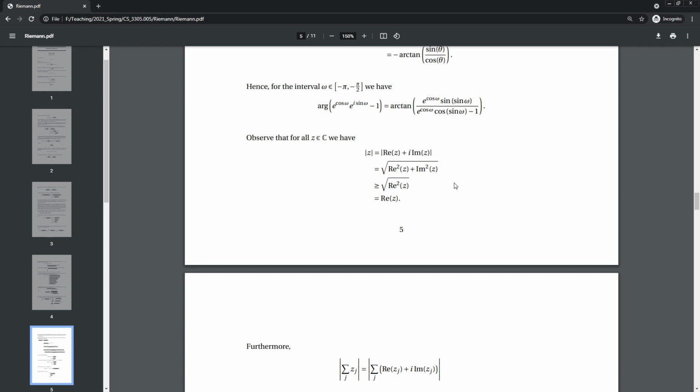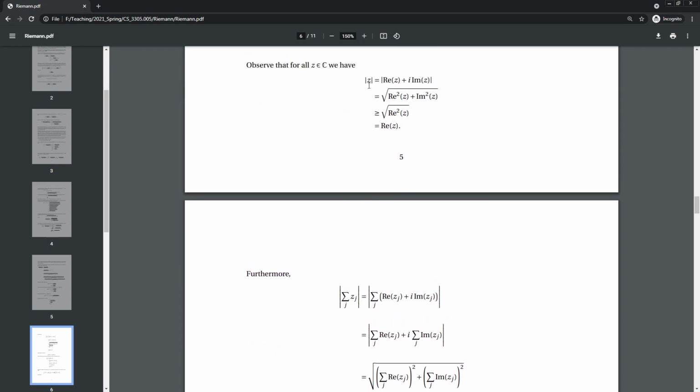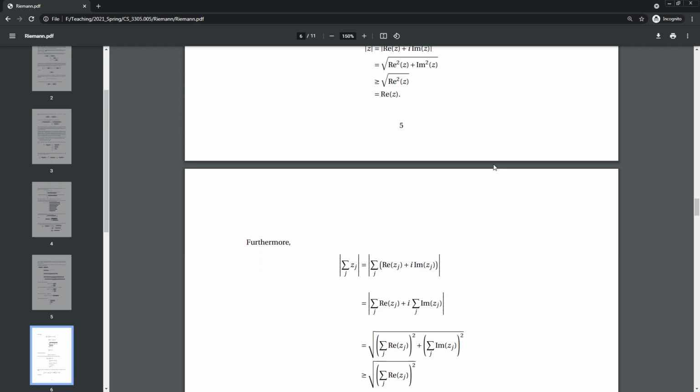I guess the statement is true even if this is negative, but it's meaningful that it's true for the absolute value of the real part of z.